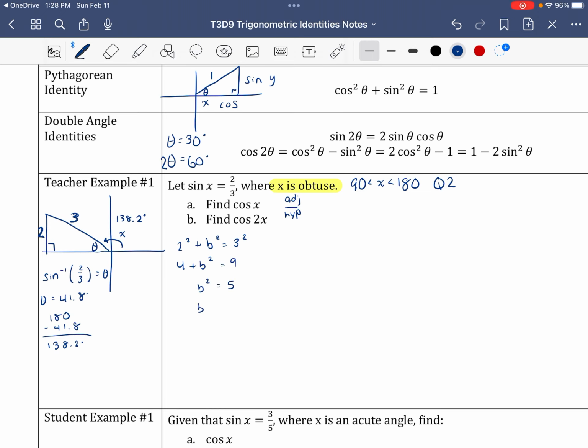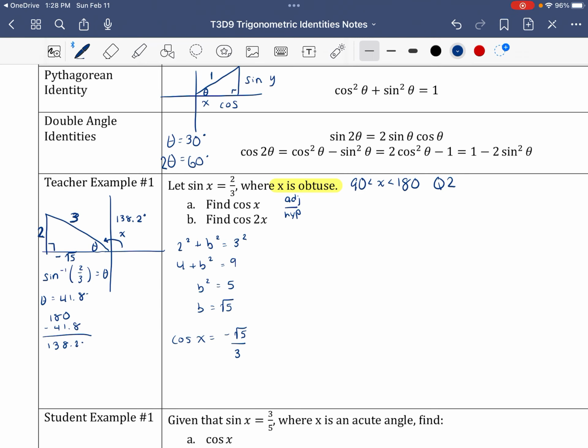Subtract 4 from both sides. B equals the square root of 5, right? So we know that this side will be the square root of 5. Cosine is going to be adjacent over hypotenuse, so then cosine of x will equal, we know that it has to be negative because we're in the second quadrant, negative root 5 over our hypotenuse 3.